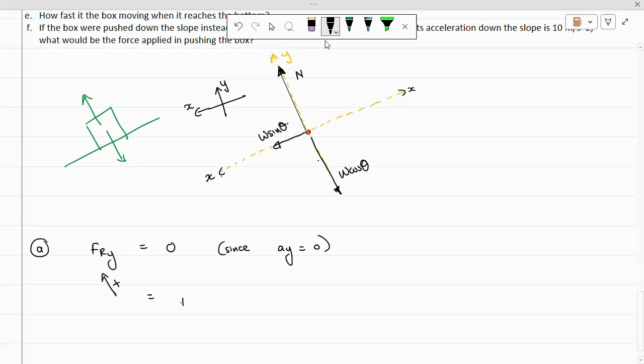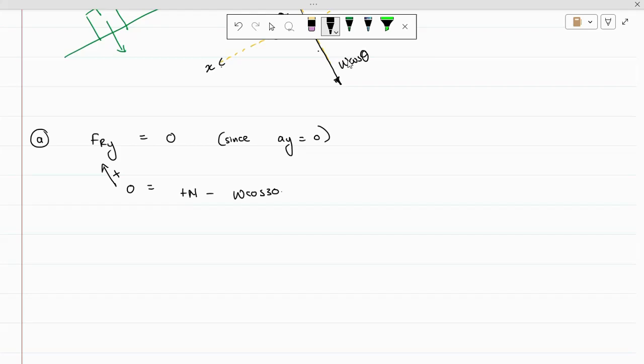This means that the normal force is positive, but this weight component is going to be negative. And this would give you the resultant force, which is 0. So in this case, if you take the weight component to the other side, that becomes W cos, I keep saying 30, there should be 45.